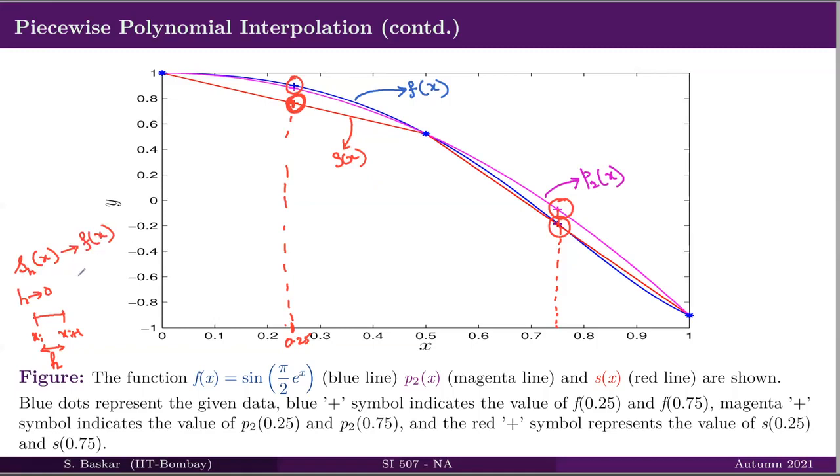So in that sense, fixing the degree of the polynomial and increasing the number of points in the partition gives better results in the approximation.